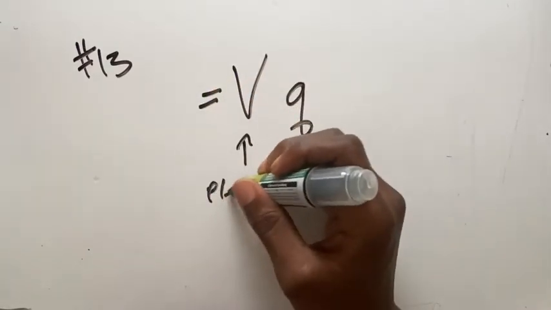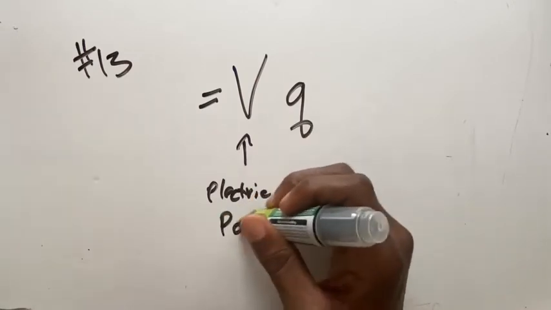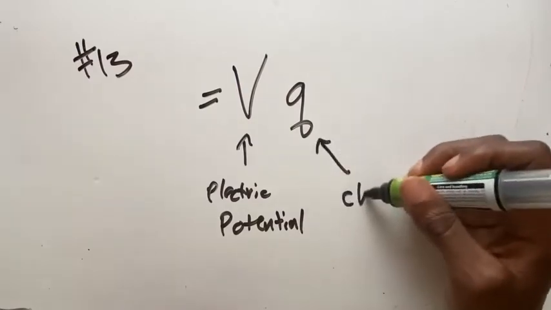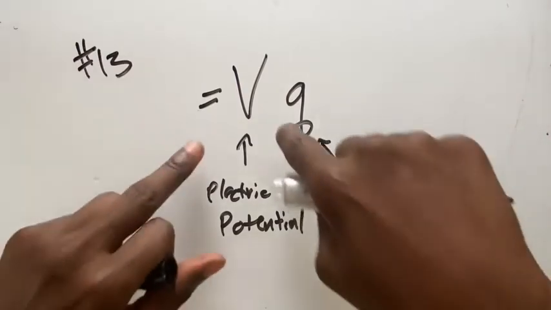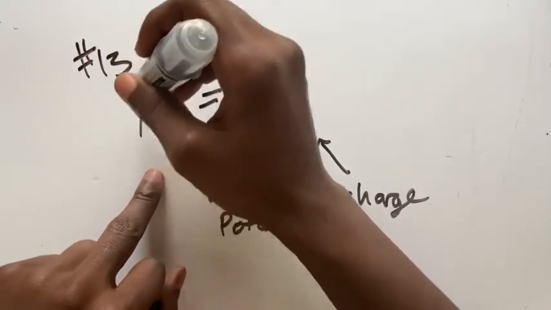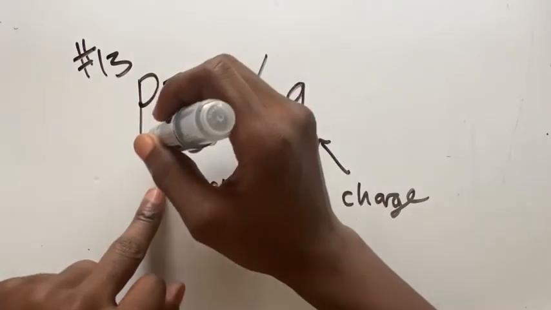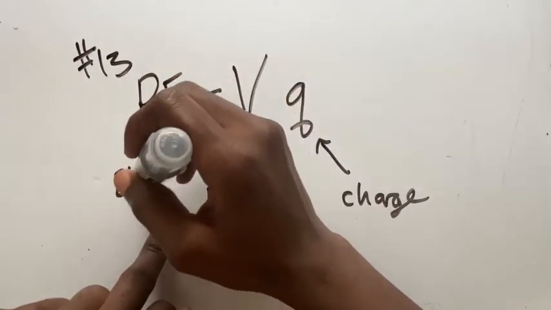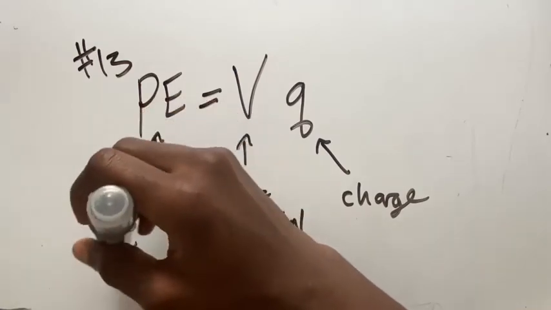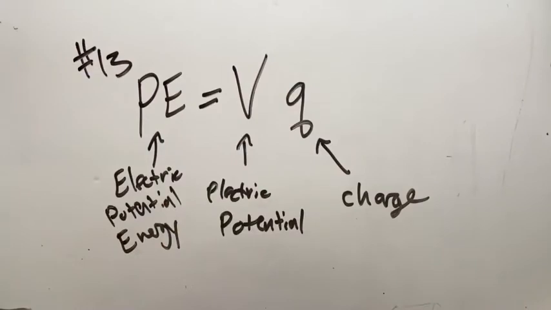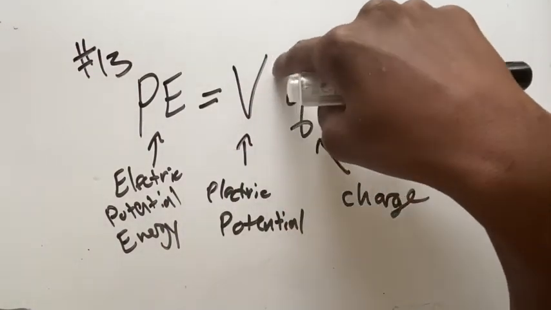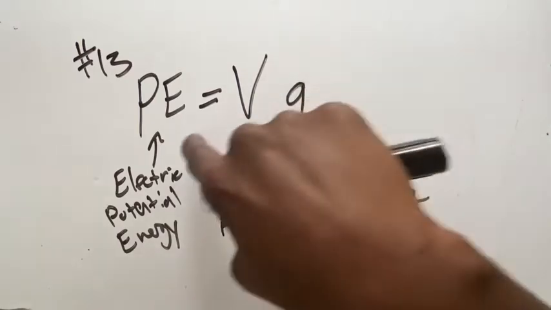So this is the electric potential, this is the charge. And so the electric potential times the charge gives you the electric potential energy. Boom.